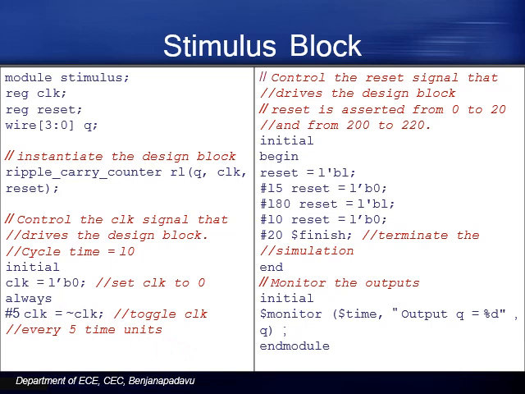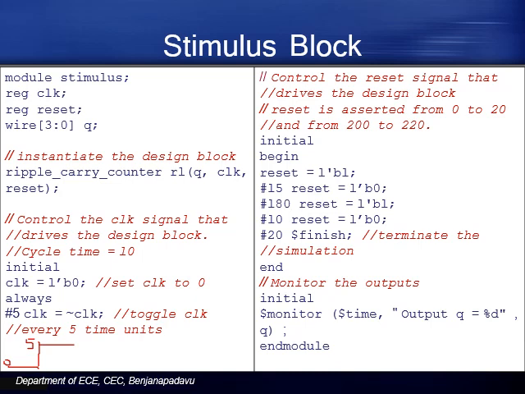The clock will initially start with 0, and after 5 time units I say toggle the clock. Toggle means it will become 1. This is at 5 time units. So this will remain at 1.